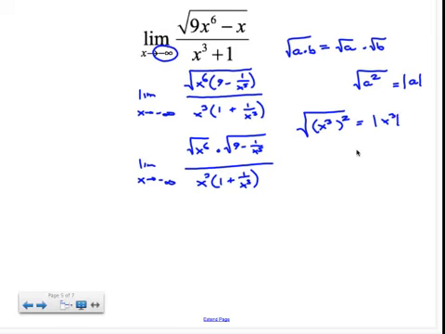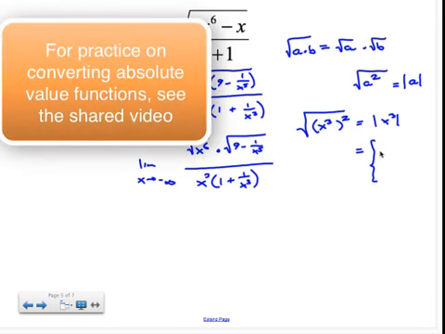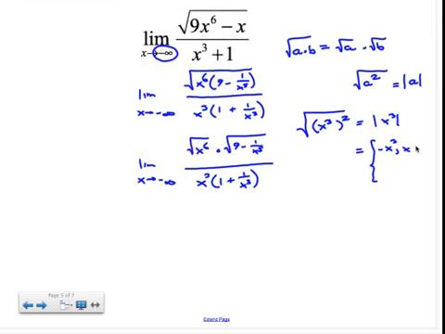And the absolute value of x cubed is a piecewise function. It's negative x cubed if x is less than 0, and it's x cubed if x is bigger than or equal to 0.